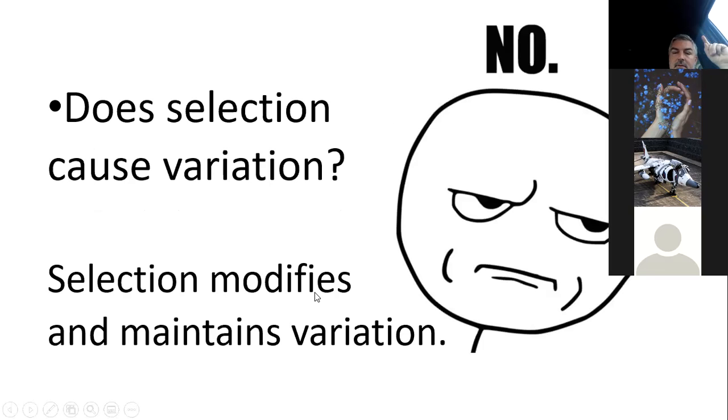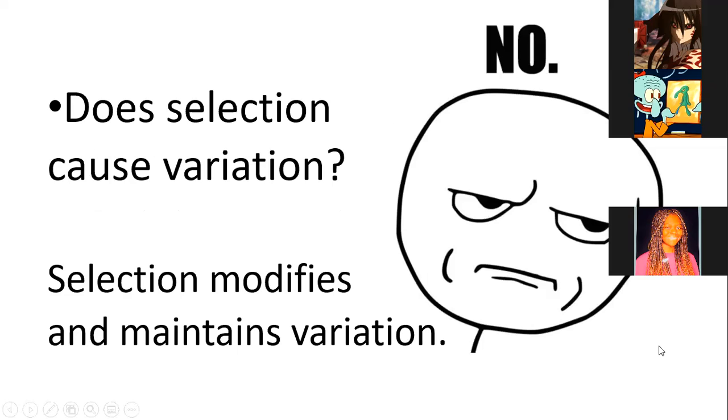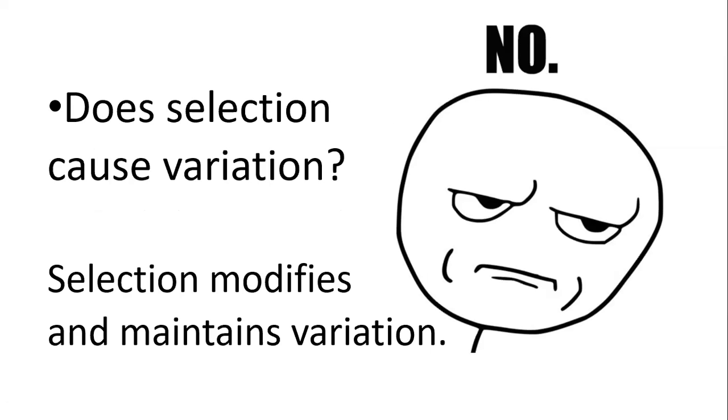What actually causes variation? Let's go to Dev. Dev, what causes variation? I think Dev had to leave, actually. He sent me a text. So I want to hear somebody else.